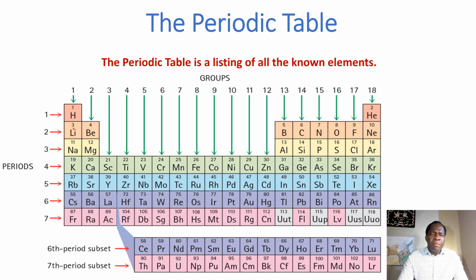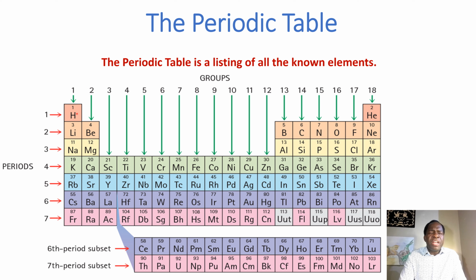All the elements that belong to group 1 have 1 electron on their outermost shell. Group 2 have 2 electrons on their outermost shell. So elements that belong to the same group have the same valence electrons.